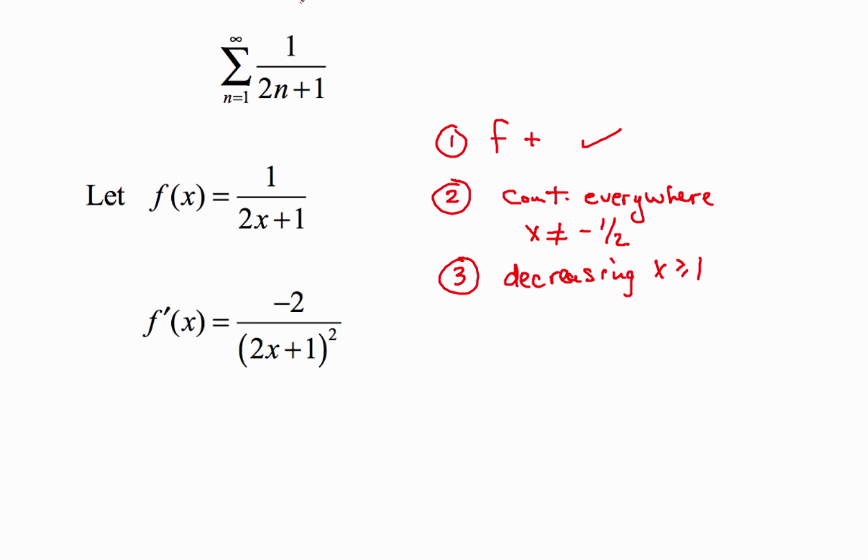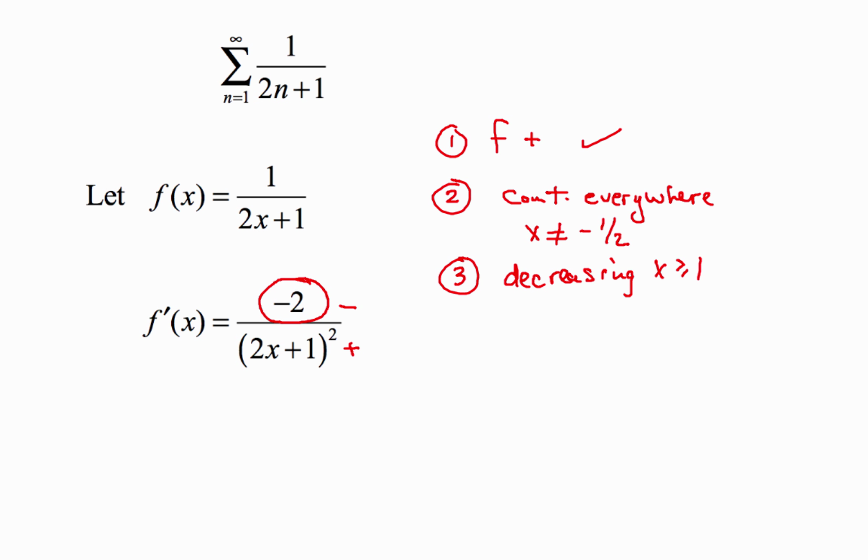Now where I want you to take a look is at this value right here, this -2. Of course, that's always going to be negative. And in the denominator, you've got 2x plus 1, that quantity squared. The denominator, that's always going to be positive. So if you have a negative over a positive, that means that your derivative is always going to be negative, which implies that the function is decreasing. So we've met all 3 criteria to use the integral test.